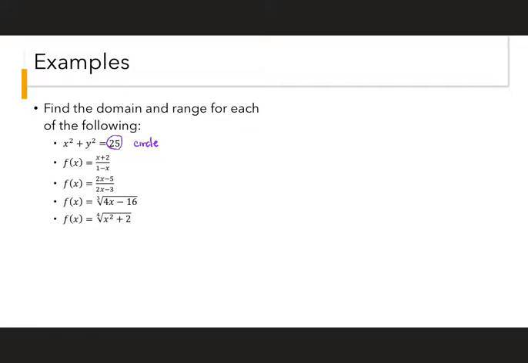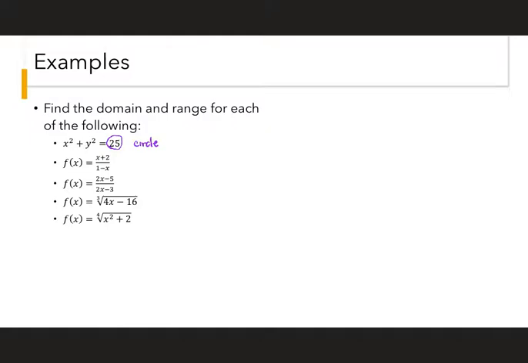Negative numbers can exist if I have an odd index. So my domain is going to be all real numbers, negative infinity to positive infinity, and my range is also going to be all real numbers, so negative infinity to positive infinity. Okay, an odd index has no restrictions.